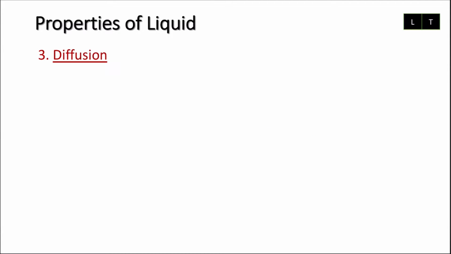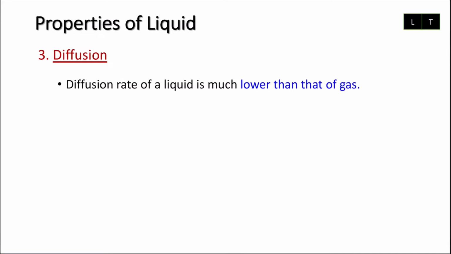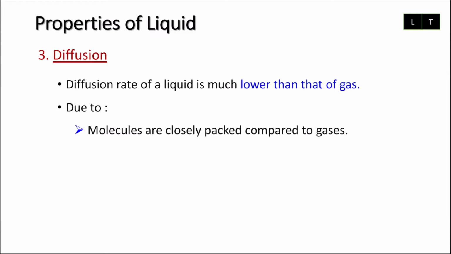Next part, bahagian diffusion. Diffusion rate of a liquid is much lower than a gas. Ini kerana molecules dalam liquid are closely packed compared to gases, sebab gases dia loosely arranged. So that is why liquid particles have lower kinetic energy than gases.